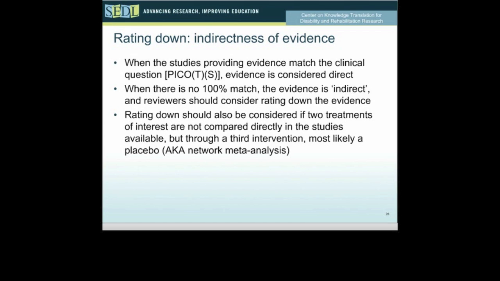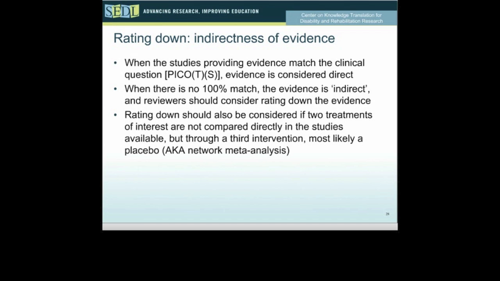There is no need to grade down. Others you'll say, there is some difference, and the evidence is not as strong as if the study had been done in TBI. I'm going to grade down 1 step. And in other cases you might even say I'm going to grade down 2 steps.